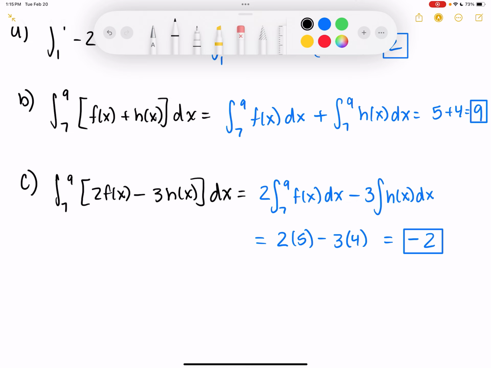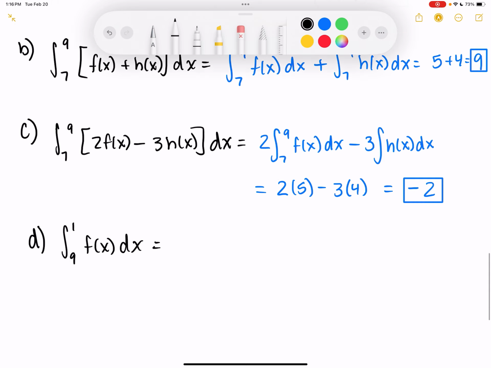All right, D. The integral from 9 to 1 of f of x dx. We use our order of integration. We'll just take a negative out and flip it.